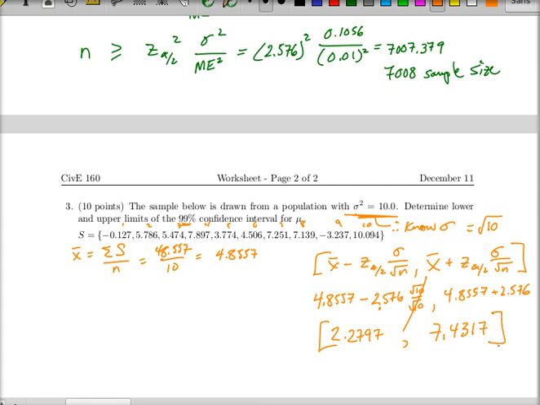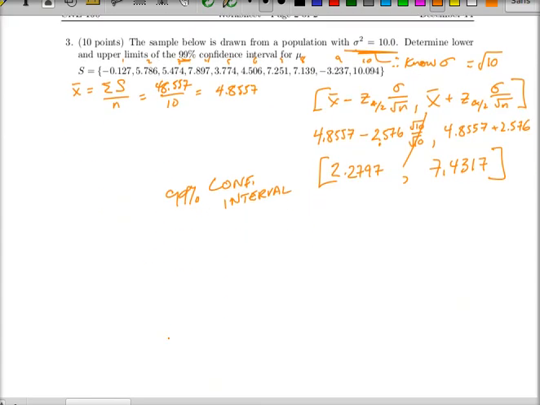And I think that is the 99% confidence interval, and I believe we have finished the 3 problems on the worksheet. So I'll stop.